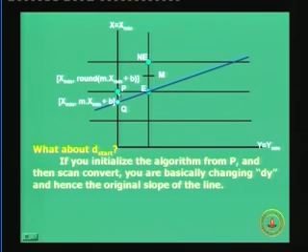But if you start from P instead of Q, which is basically going to happen because Q is a floating point and P is an integer number of both x and y coordinates, you are basically changing the initial variable dy. What was dy? Remember y2 minus y1, and hence you are adjusting the original slope of the line.